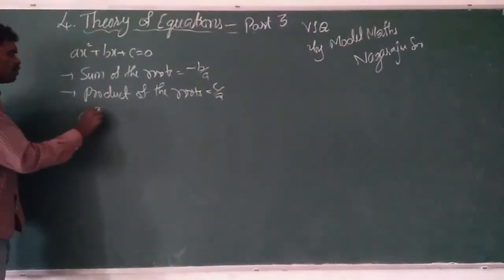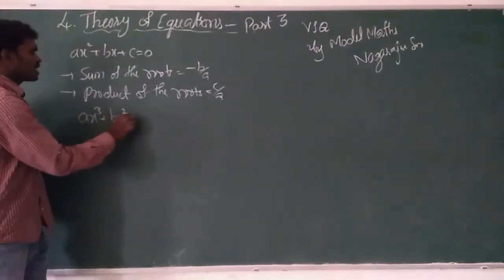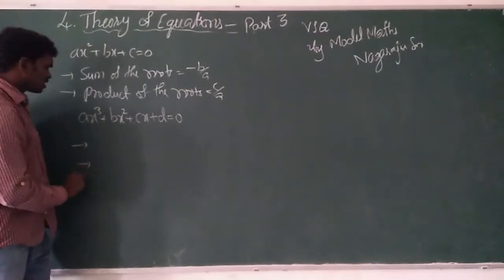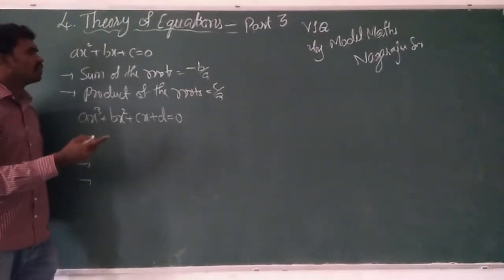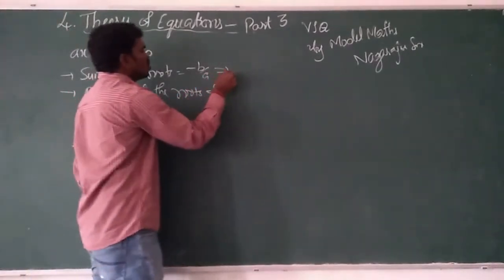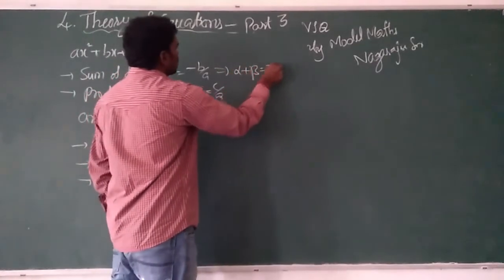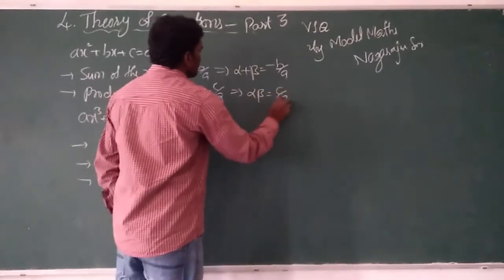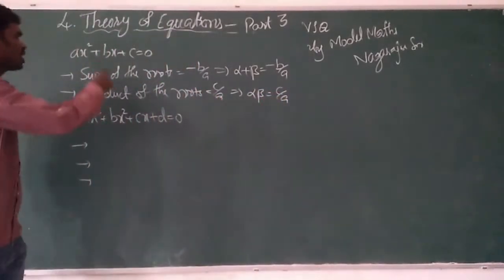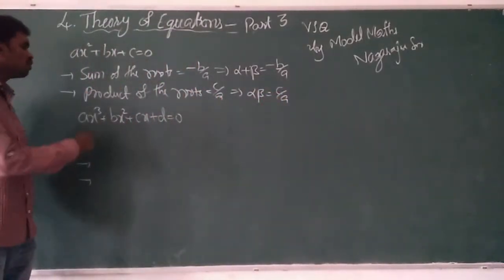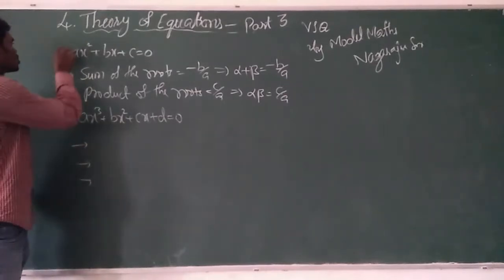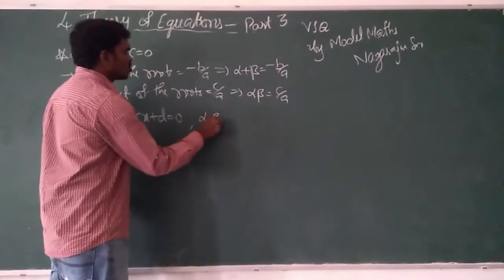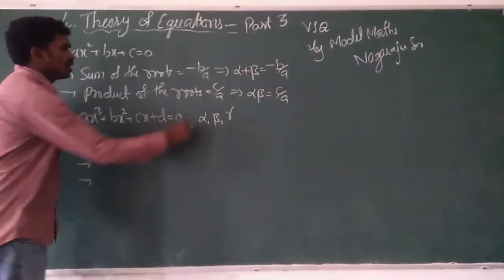If you take a cubic equation ax cube plus bx square plus cx plus d equal to 0, then it has three roots. Because the quadratic equation has two roots and the cubic equation has three roots, let alpha, beta, gamma be the three roots I am assuming.